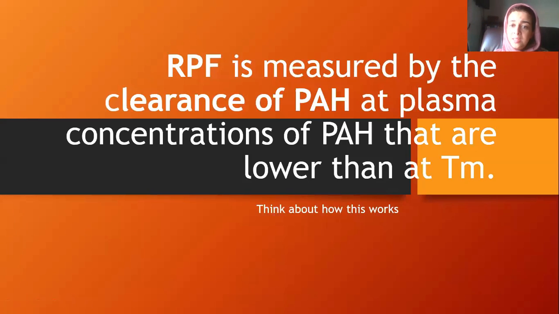At that point, again, your plateau will be reached. Because of being secreted additionally from the peritubular capillaries, the clearance of PAH is considered to represent the blood flow of the kidney most effectively.